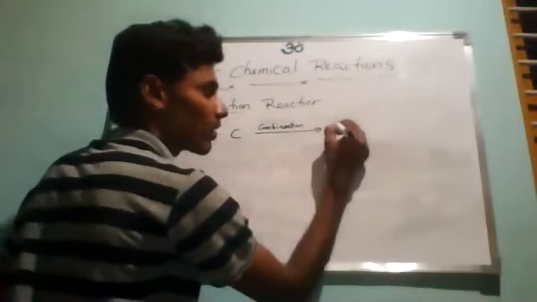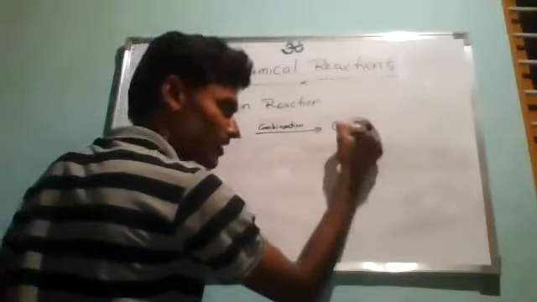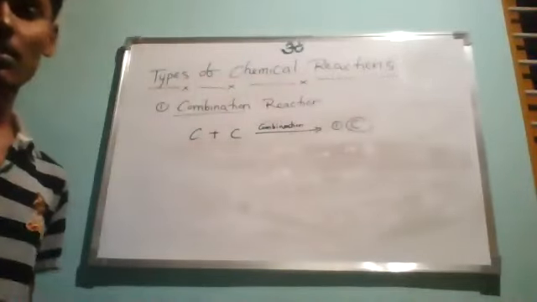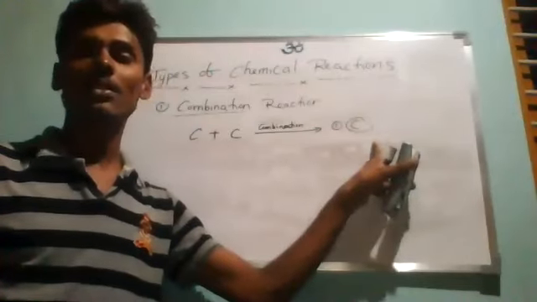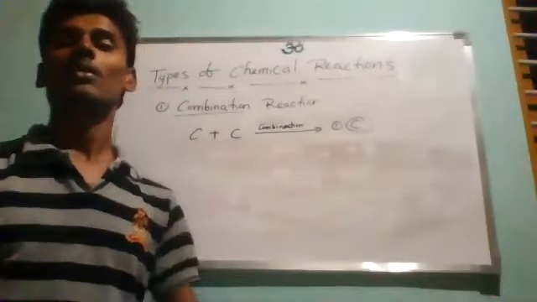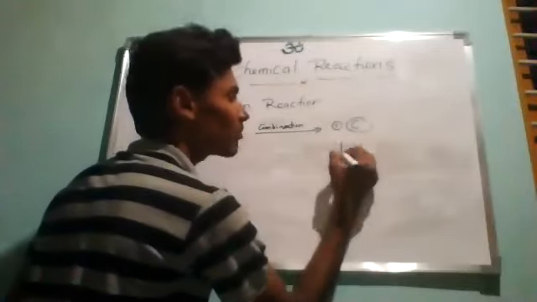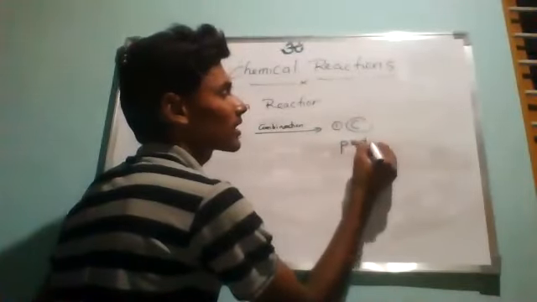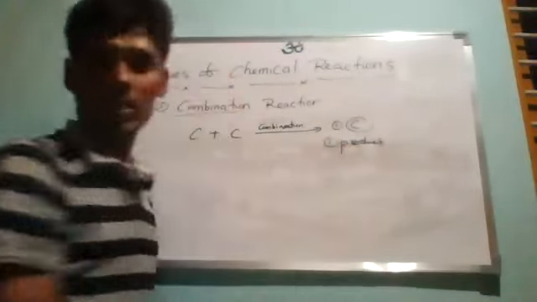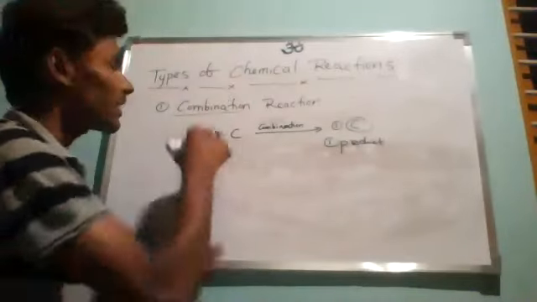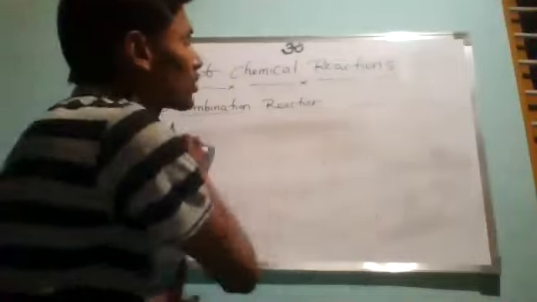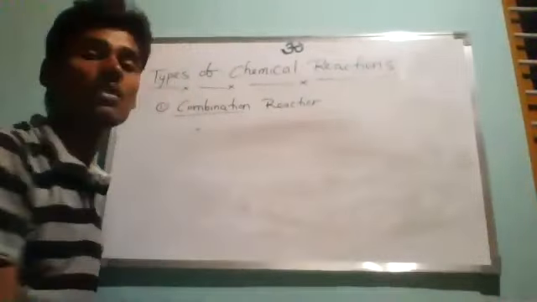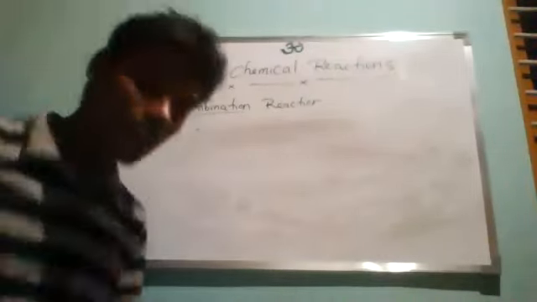The second type of combination reaction is compound plus compound: they will react together, that is combine, and again form a single product, a compound only. Understood? Remember, a combination reaction will never form elements. It always forms a compound, because there is always only a single product.